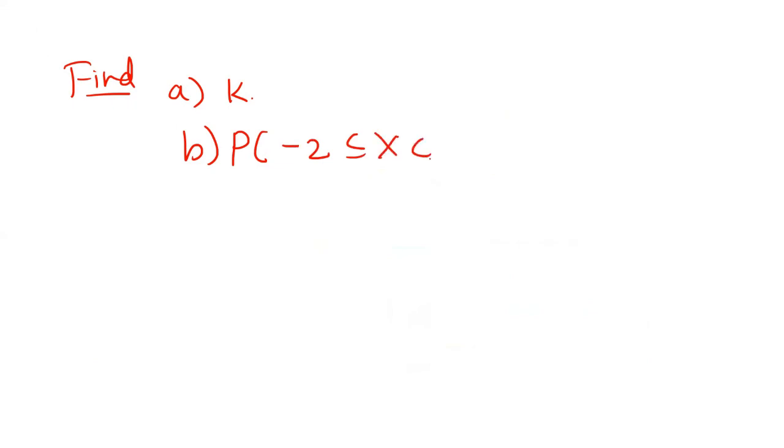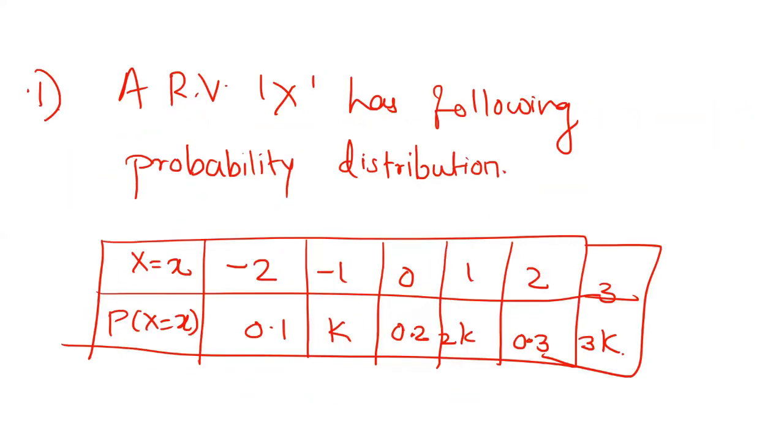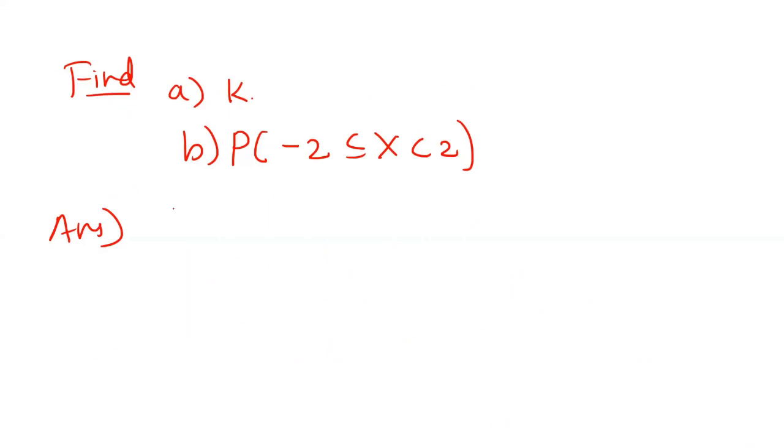The question is to find the value of k and the probability that x lies between -2 and 2. What did we learn? The second property of PMF is that the addition of all the probabilities is equal to 1. So the sum of P(xi) over all i is equal to 1.